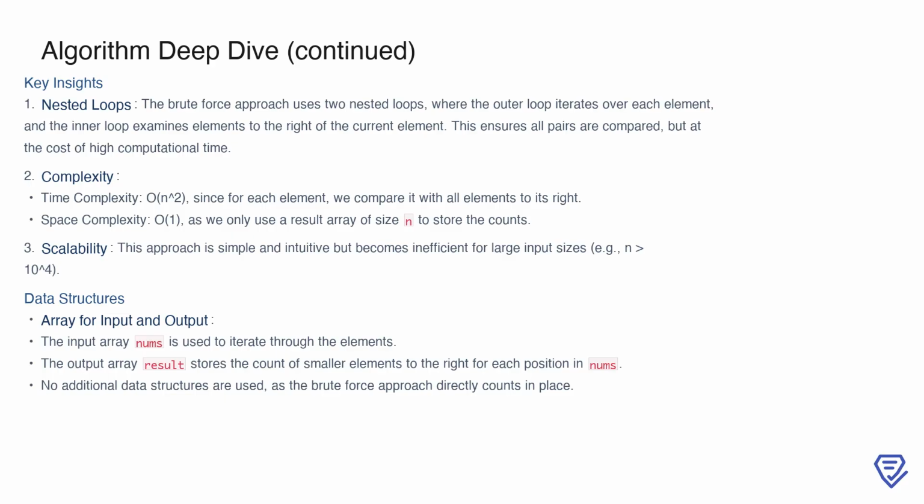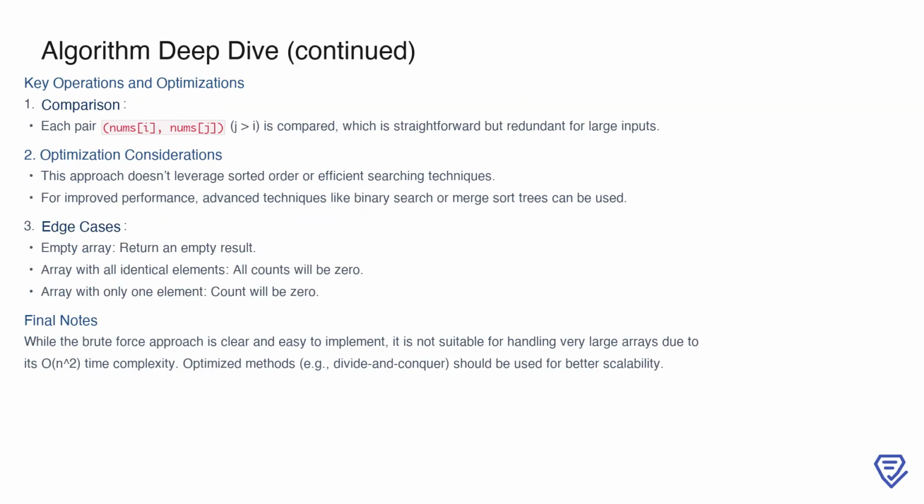While this approach is simple to understand and implement, it does not scale well for larger input sizes. For instance, if the array contains tens of thousands of elements, the time required to process all comparisons becomes impractical. The method relies solely on arrays and does not utilize any advanced data structures, making it a direct but inefficient solution. One of the key operations in this approach is the pairwise comparison of elements.